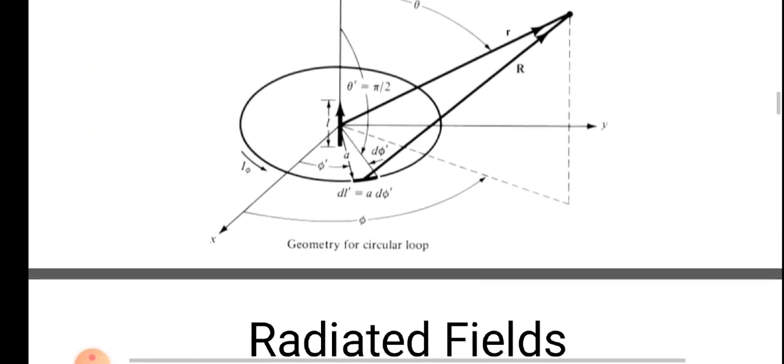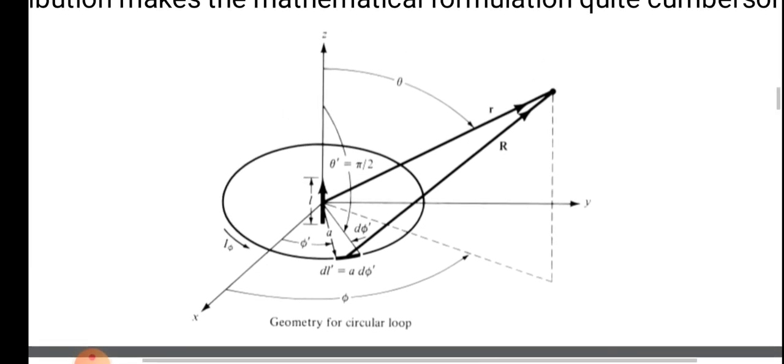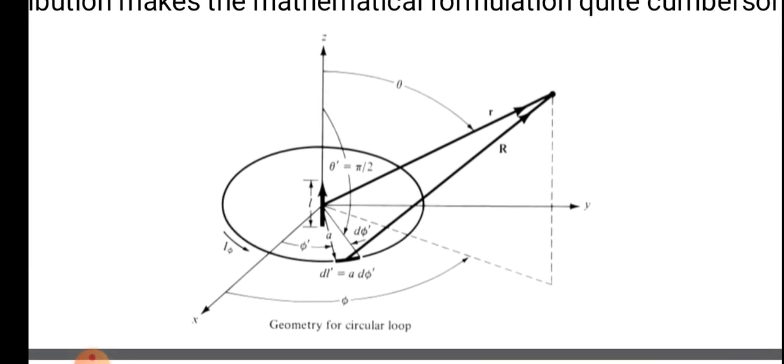This is one loop antenna, you can see, and this is the I phi which is flowing through this loop, and the current I phi is constant. It is equal to I naught. We are going to check the influence of this current flowing in this loop at a distance r.